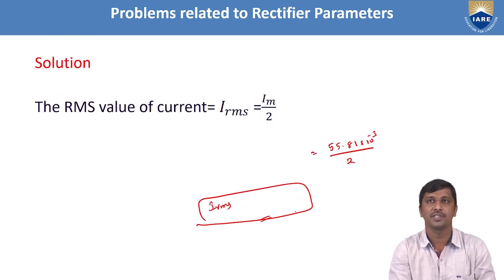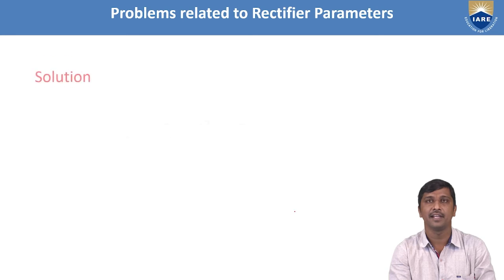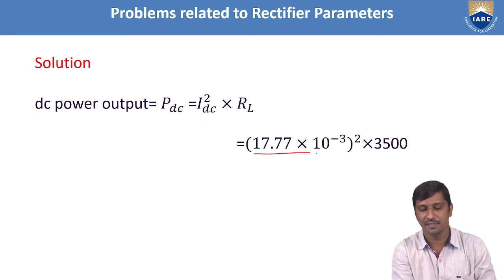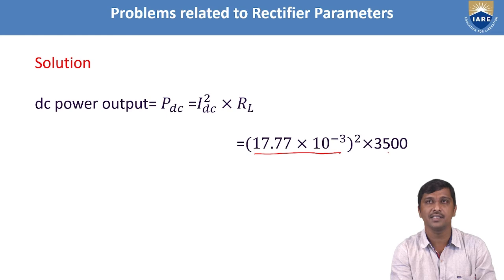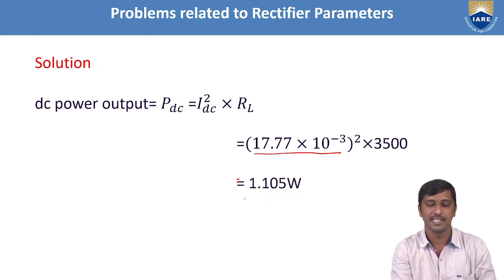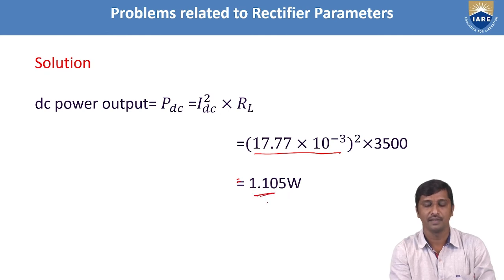So I substitute this IDC value here: 17.77 times 10 to the power of minus 3, whole squared, into RL, which is 3.5 kilo ohms, that is nothing but 3500 ohms. Solve this, and it shows that the DC power is 1.105 watts.